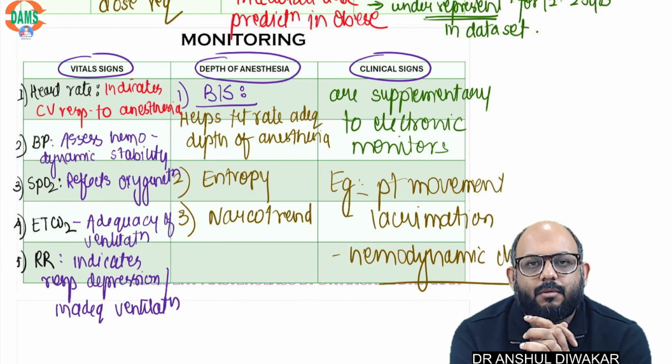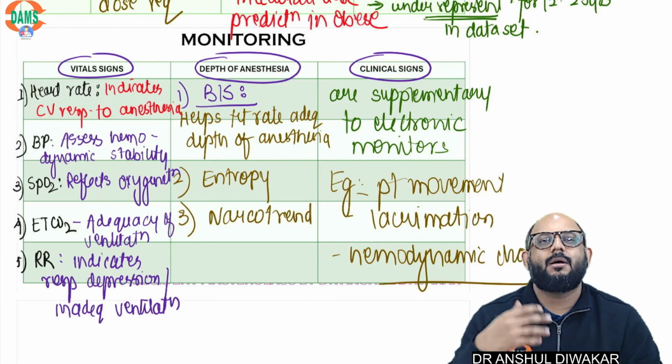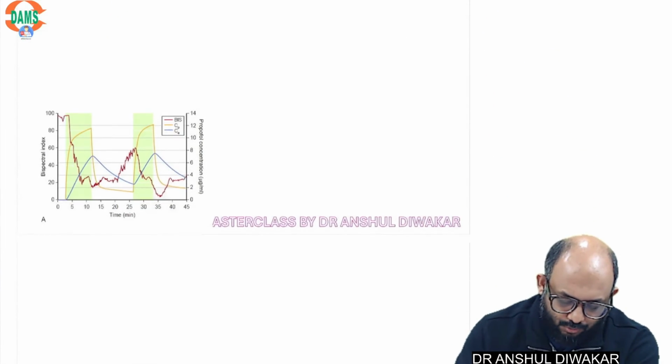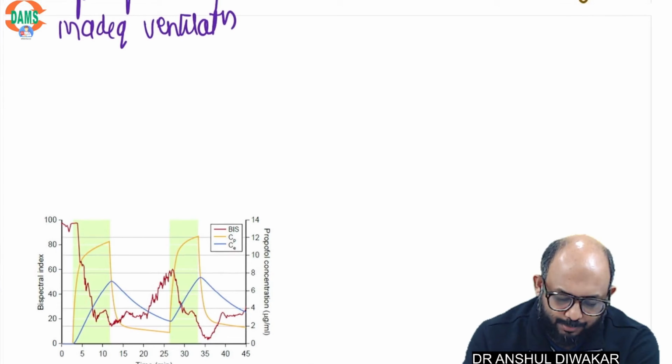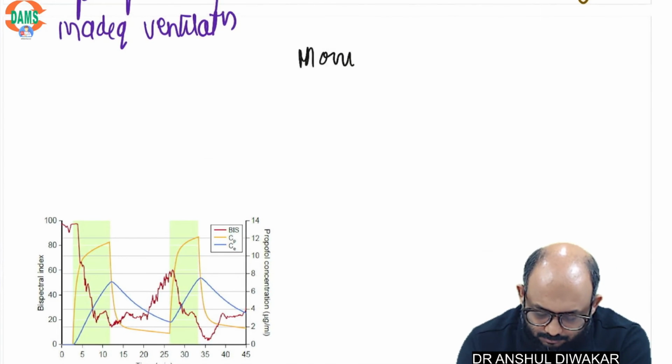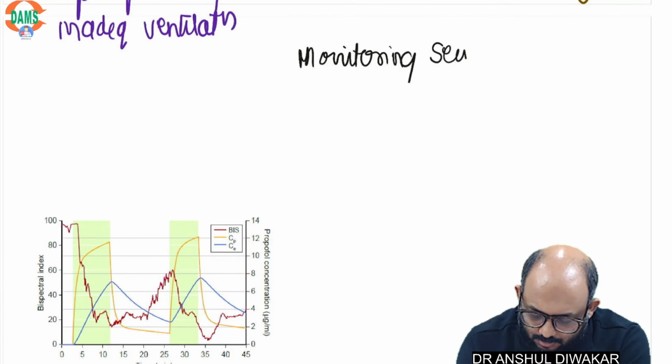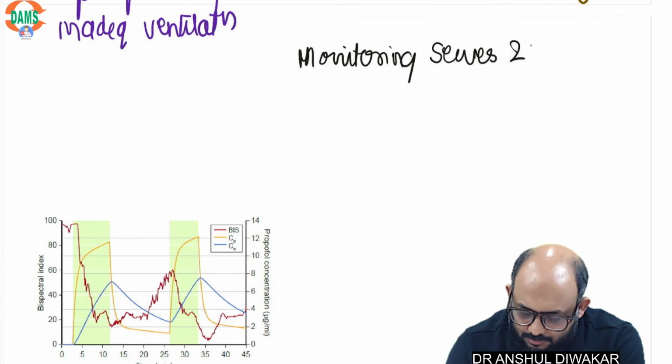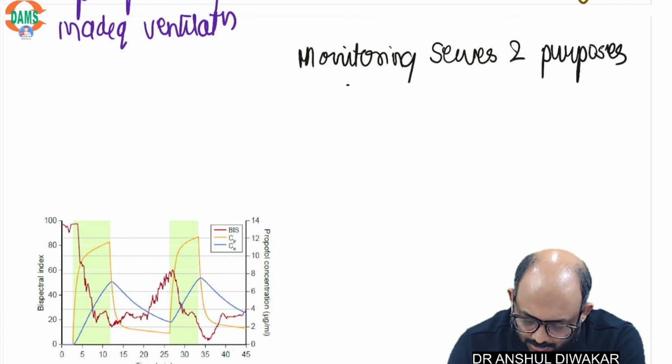Now, why do we monitor in TIVA? Again, we want to create a closed loop system. So monitoring serves two purposes. What are they?